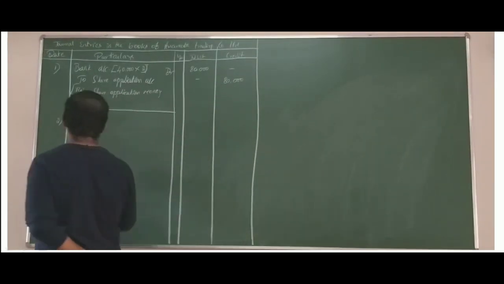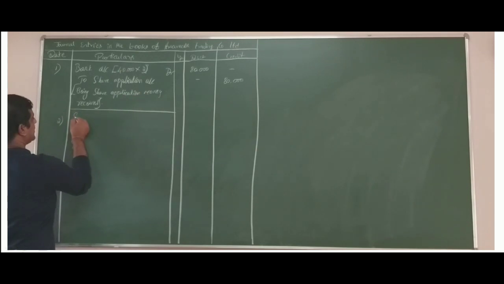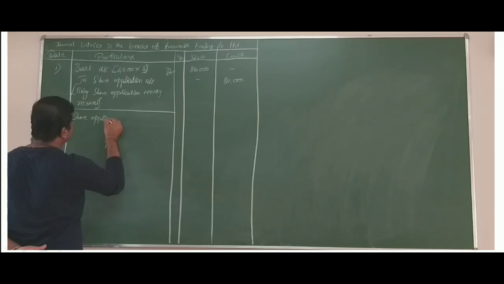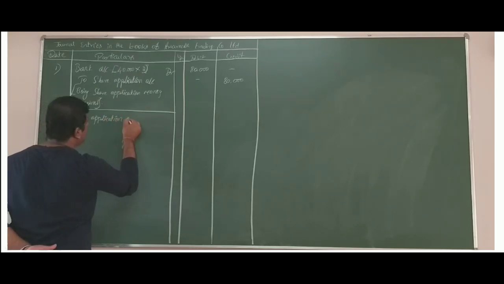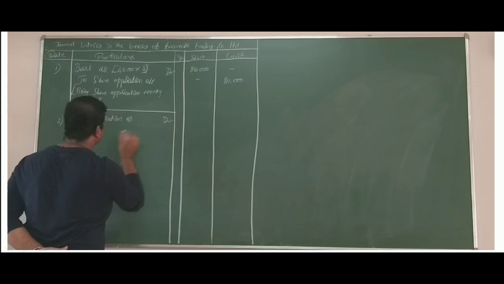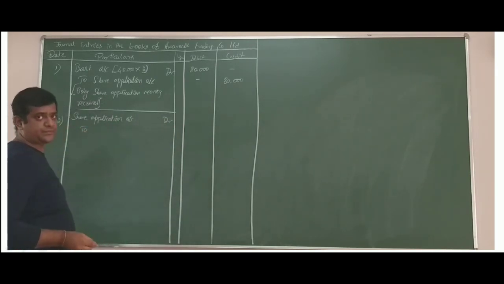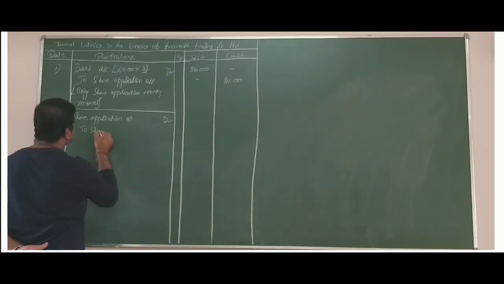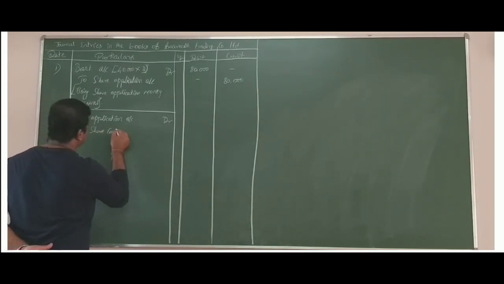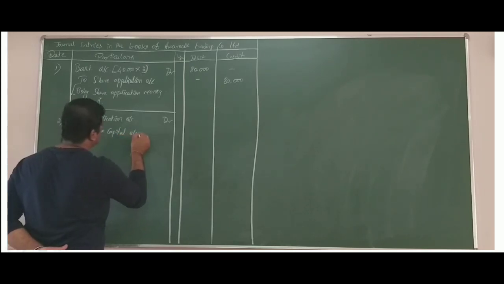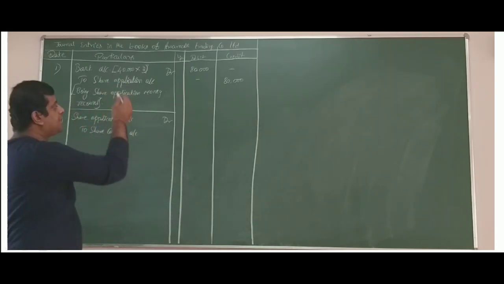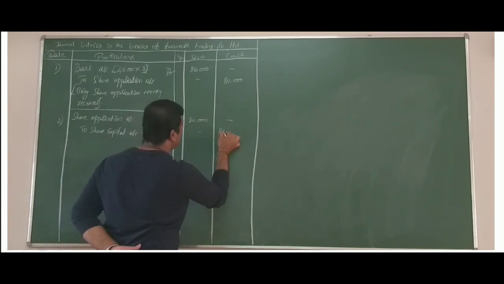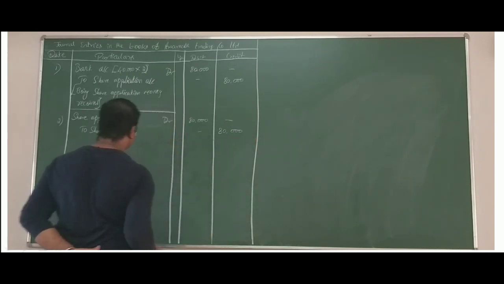So let us go towards which money I have received. Share application money. Clear? Share application account debit to. To where are we supposed to transfer? To share capital account. So directly copy the amount. How much have we received against application? 80,000 and 80,000.